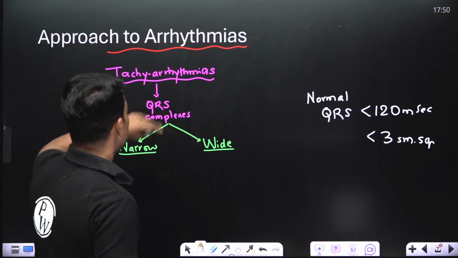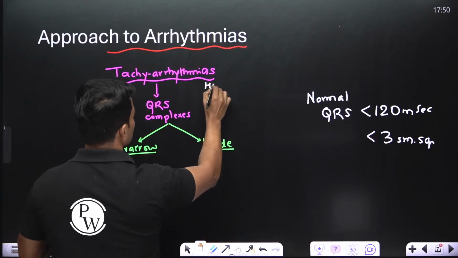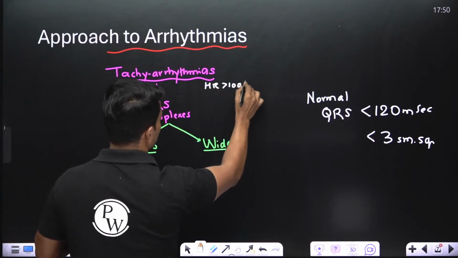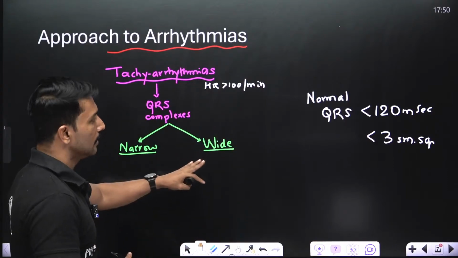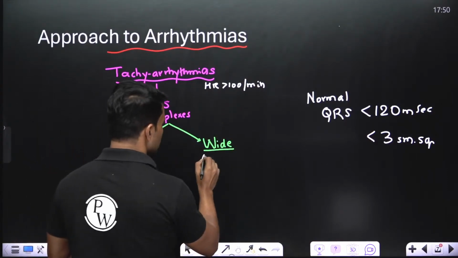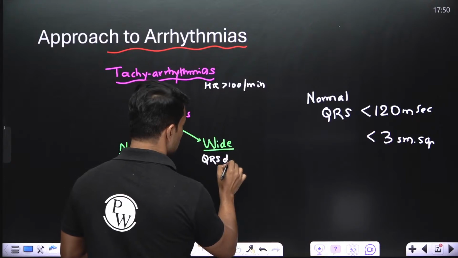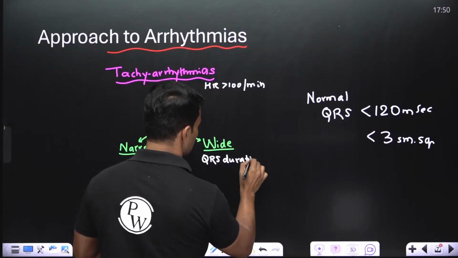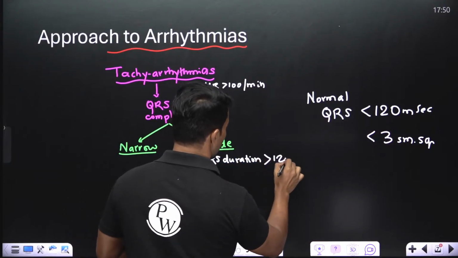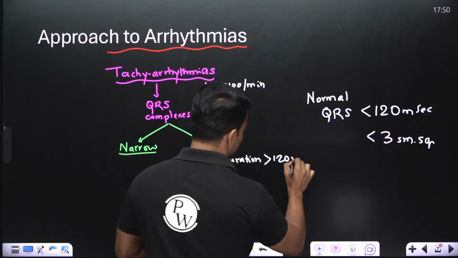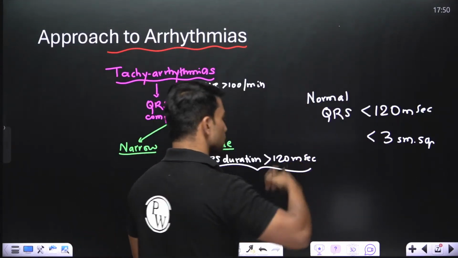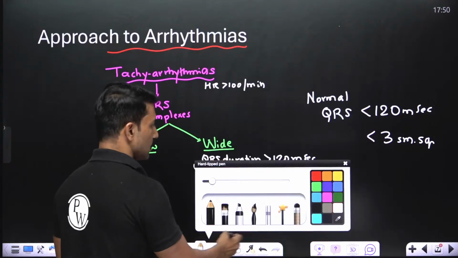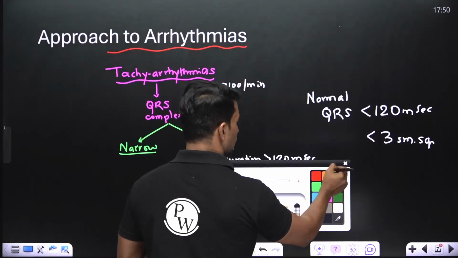So if I am dealing with a tachyarrhythmia where a patient's heart rate is more than 100 per minute and I see a wide QRS, that is, QRS duration more than 120 milliseconds or more than 3 small squares, it is suggestive of ventricular arrhythmias, and such arrhythmias we will call wide complex tachyarrhythmias.